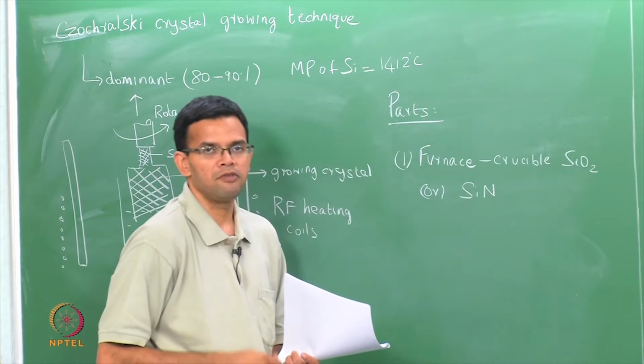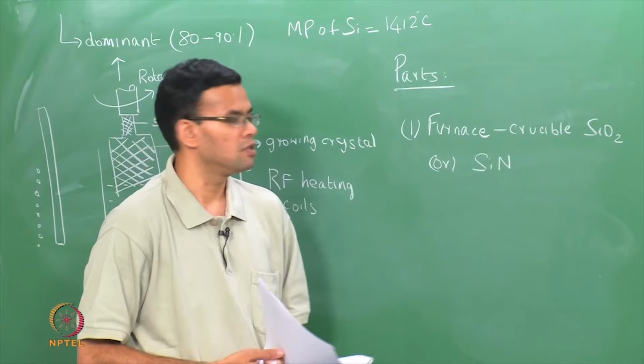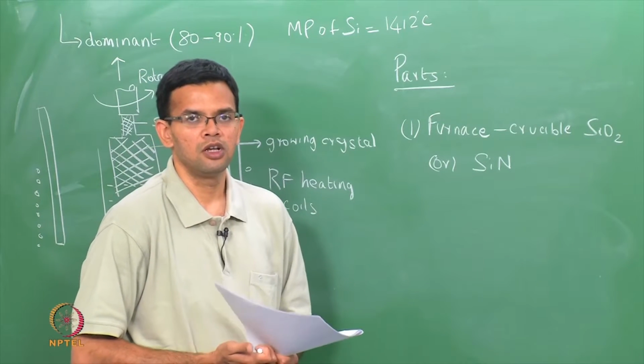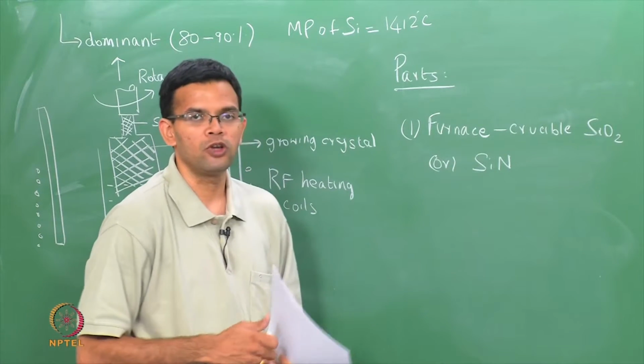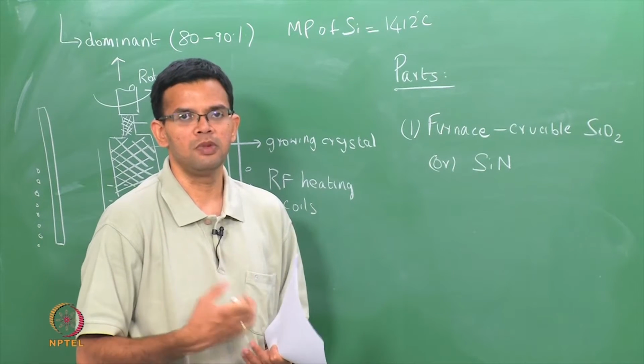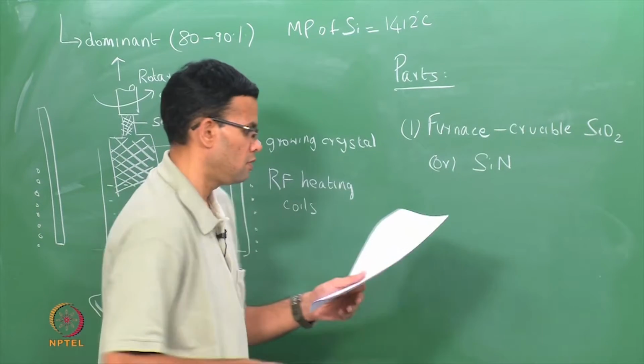The reason being, if you use any other material, because of the high temperature, there is always a chance of contamination. So, usually SiO2 or SiN is used. The drawback is SiO2 can also dissolve in the molten silicon, so the crucible is slowly eaten away as your crystal is being grown.